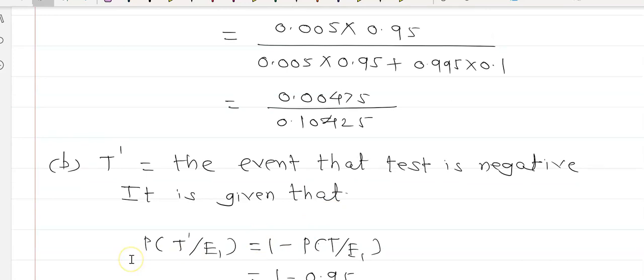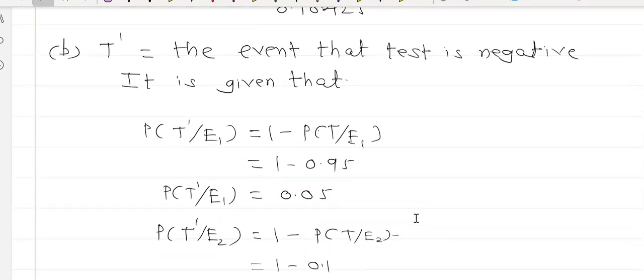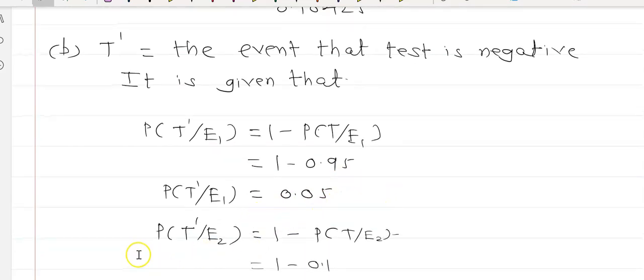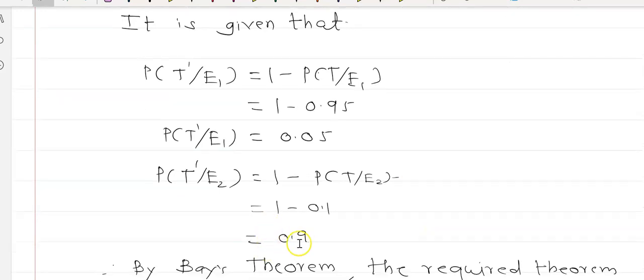Now T dash, the event that the test is negative. Therefore, the probability of T dash conditional E1 is 1 minus the probability of T conditional E1, 1 minus 0.95, that is the negative, which is 0.05. The probability of T dash conditional E2 is 1 minus the probability of T conditional E2, 1 minus 0.1, which is 0.9.